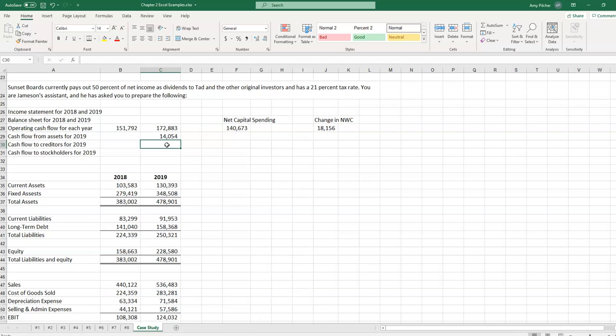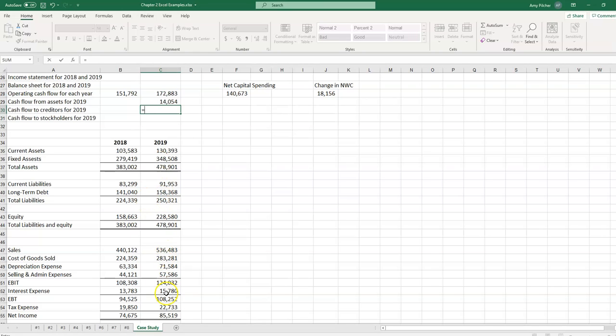The next number that we're looking for in this calculation is the net cash flow to creditors. Net cash flow to creditors is interest paid minus net borrowing, which is the change in long-term debt. So we have interest paid in 2019 minus, and we need the change in long-term debt from 2019 to 2018. So our cash flow to creditors is negative $1,548.